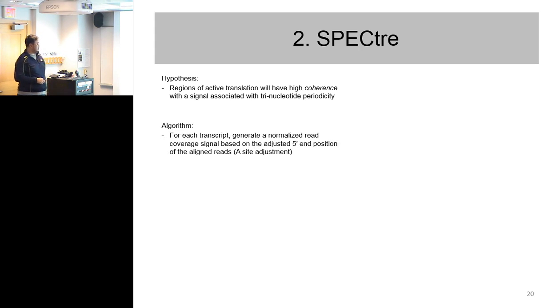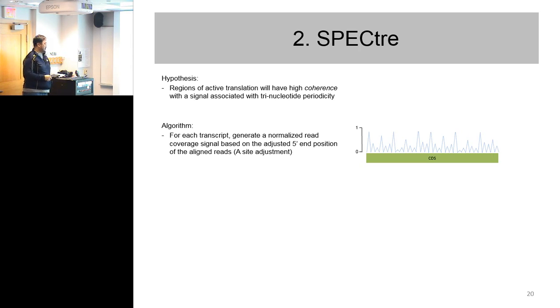To walk you through schematically what we're doing, for each transcript we calculate a normalized read coverage signal. You have to do an adjustment of the 5' end position of the aligned reads, because the reads that are sequenced are protected by ribosomes and the A site or P site is in the middle of them, so you have to adjust for that positioning.